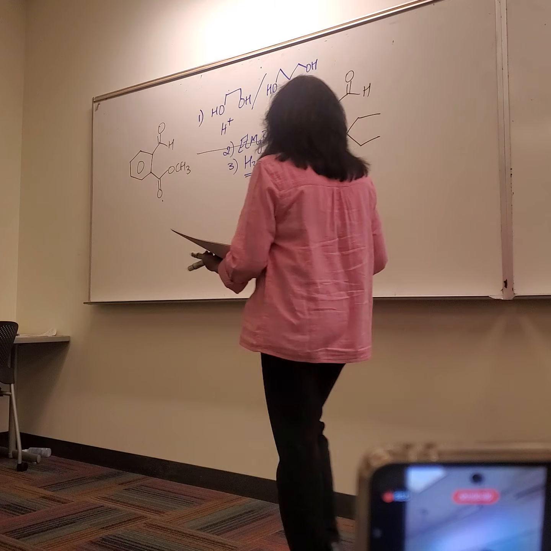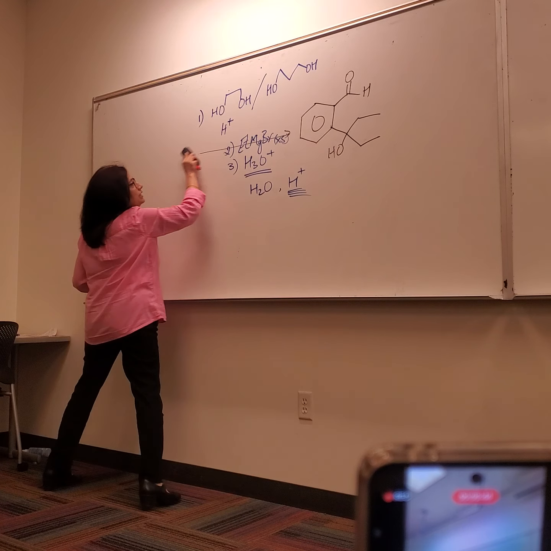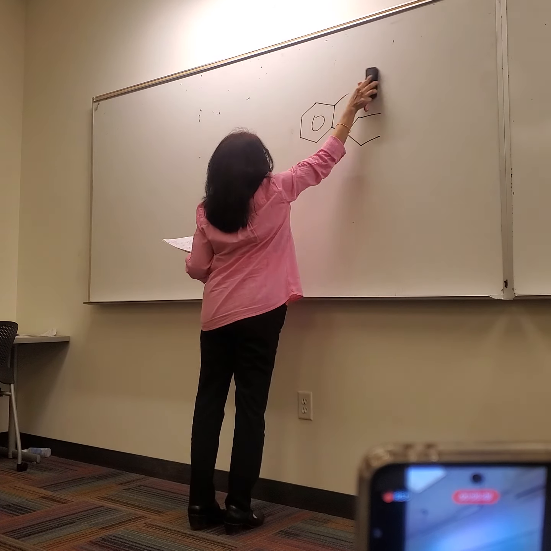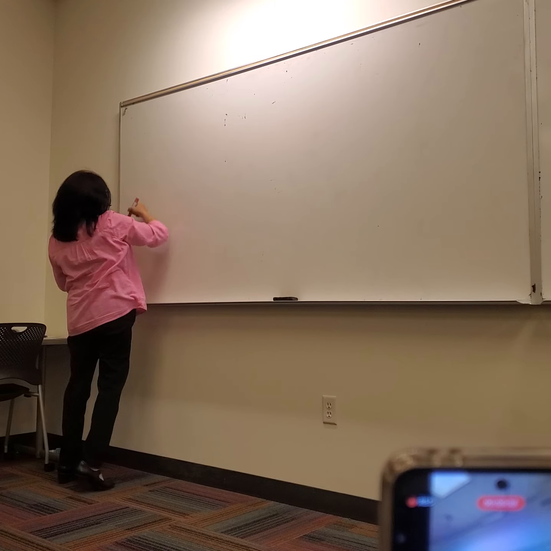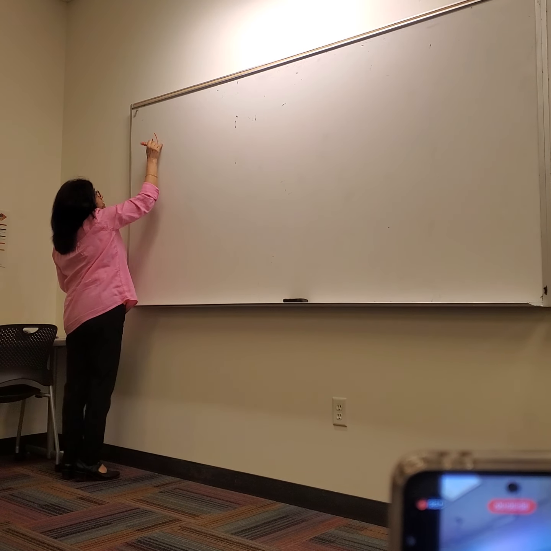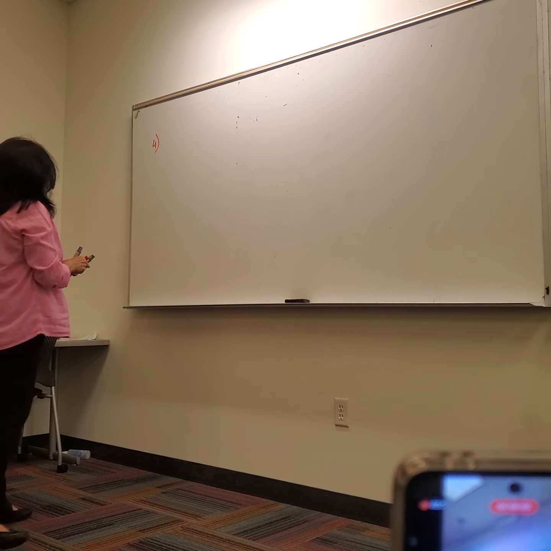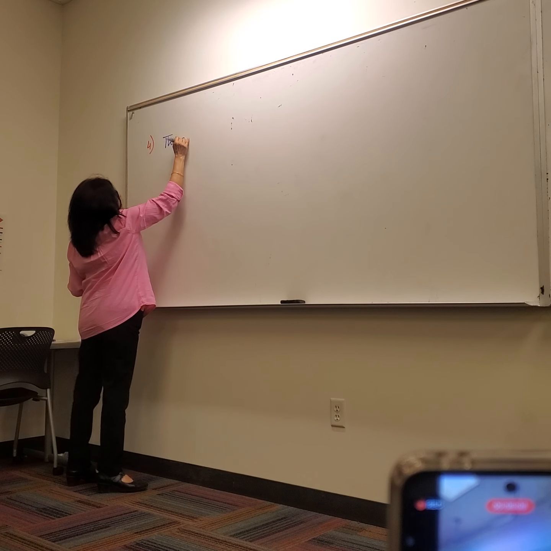Can someone tell me what reaction number we were at, the last one? That was reaction number 3. Okay, so let's get to 4 then. Reaction of aldehydes and ketones is what we are discussing right now. Reaction number 4 is very similar to acetals, because these make thioacetals.